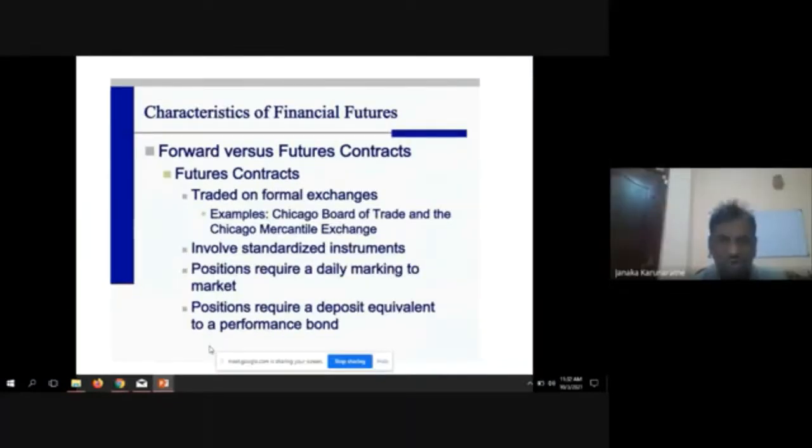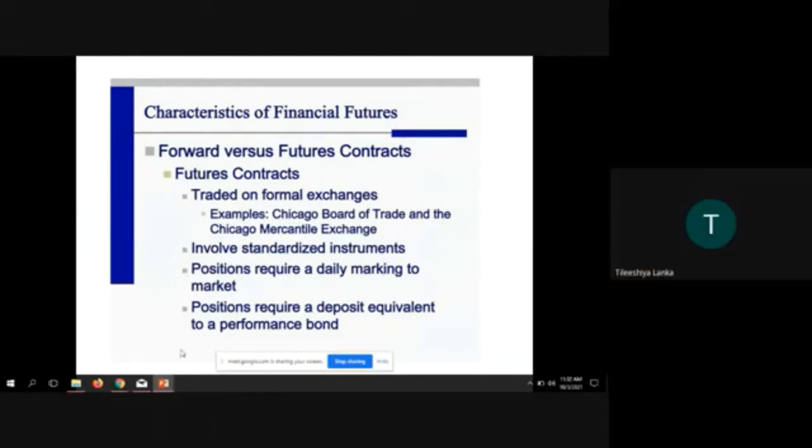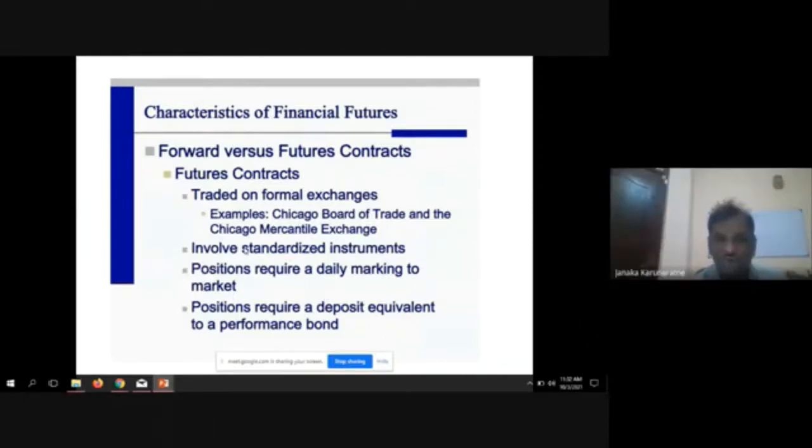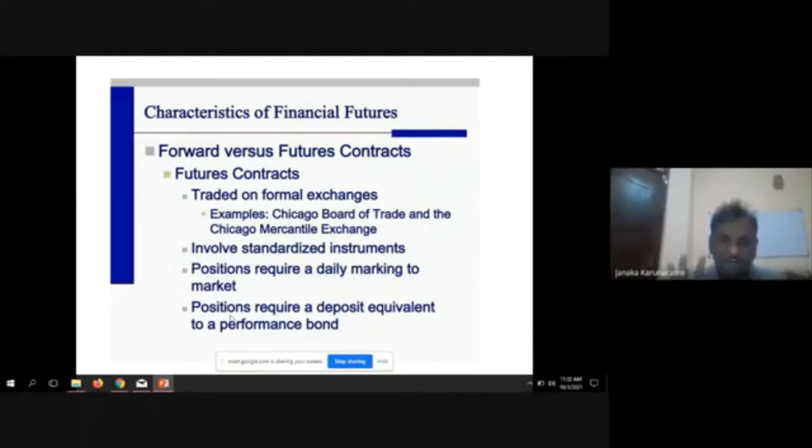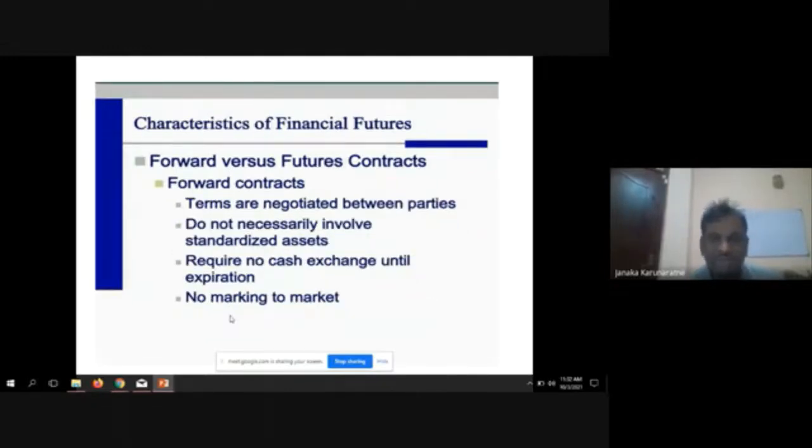Positions require daily mark to market. You have to have a deposit like a performance bond. So it is covered through several instruments: a formal exchange, positions requiring daily mark to market, and also a required deposit. So the performance bond is there, right? But here it's an agreement between two parties.